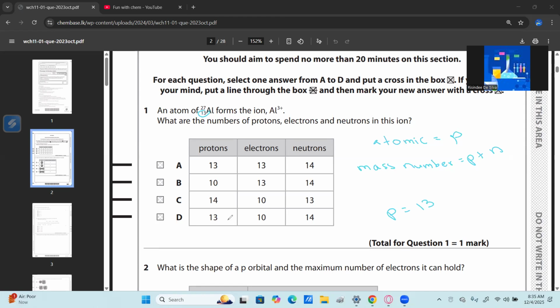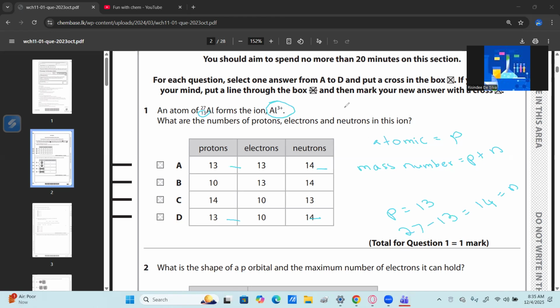So we have two answers. Then the mass number is 27. From 27, if you subtract 13, you get the number of neutrons as 14. But remember that we have to find the number of electrons of the Al3+ ion.